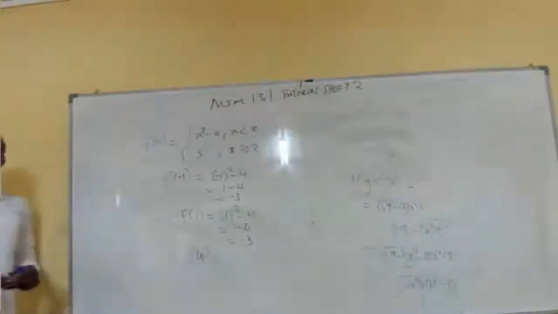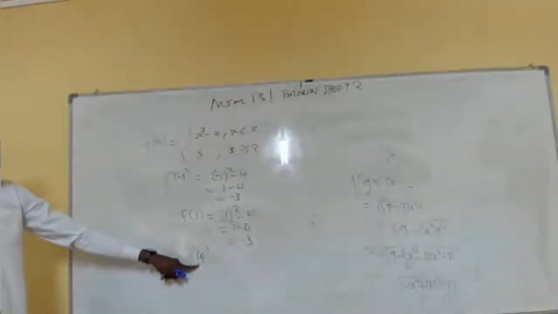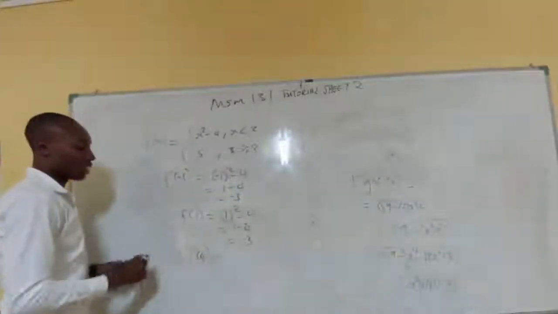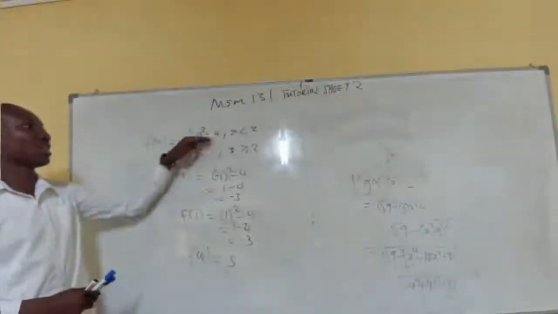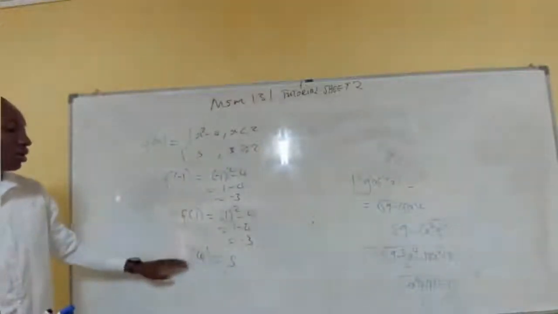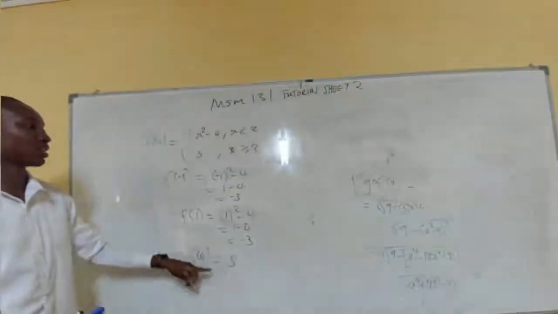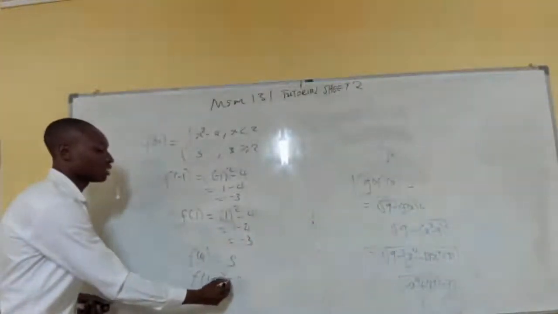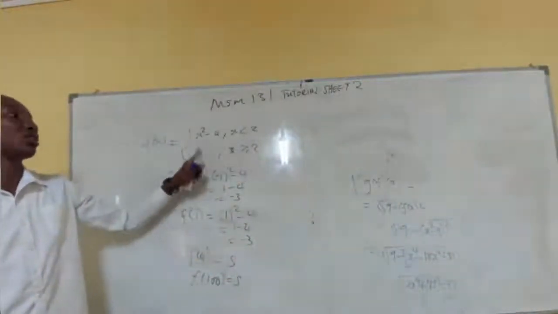If you consider f of 4, what is 4? 4 is actually greater or equal to 2. So for anything greater or equal to 2, the answer is 5. So you consider the range: for any value greater than or equal to 2, the answer will always be 5. So f of 4 is simply 5. If you are asked for f of 100, this is still 5, okay? As long as it's greater than or equal to 2, the answer will always be 5.